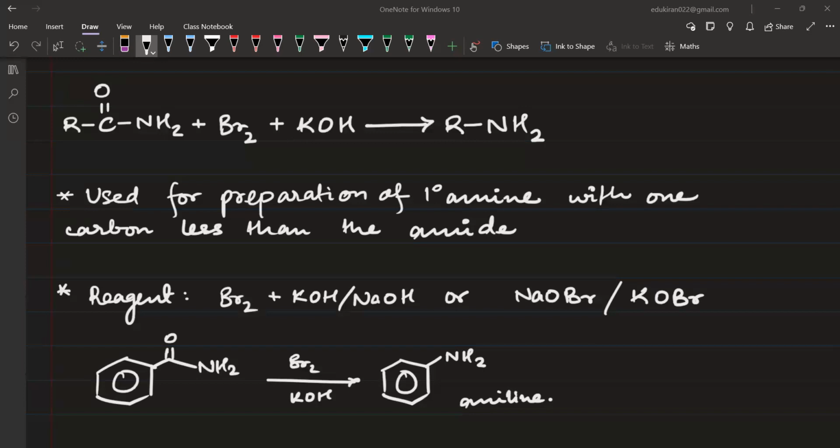There's a question in NCERT, just give me a second.